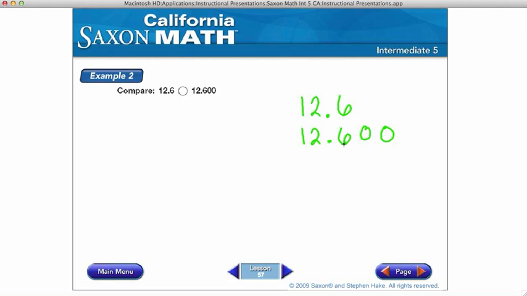I have a 6 in both of those. Then I have a 0 and nothing and a 0 and nothing. So since these zeros don't change the value, these two are actually equal. They are equivalent. Doesn't matter if I add more zeros or if I put zeros here. As long as there's not another digit, 1 through 9, they are equivalent. Okay?